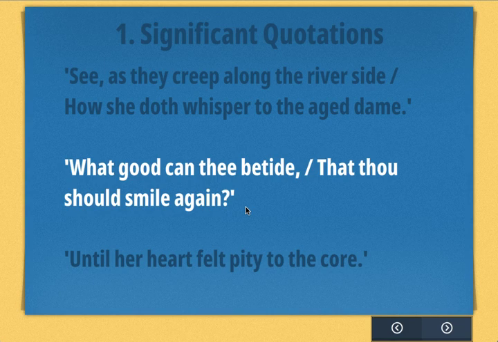And so the nurse is frightened and wrong-footed by that, and is asking her what on earth's going on inside of your head that's making you behave in this way, and has brought a smile to your face again. So again, reminding us of the suffering and the misery that Isabella has been going through whilst not knowing where Lorenzo is. Or perhaps the nurse is saying, what is it that we're going to do now that is going to enable you to smile again in the future?